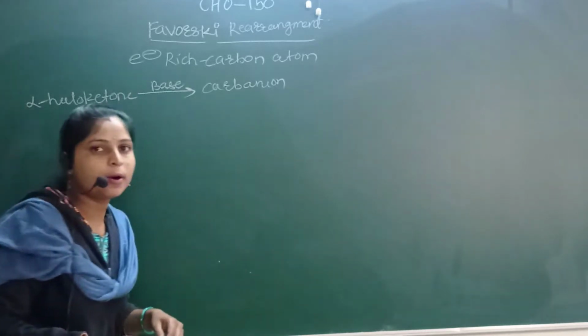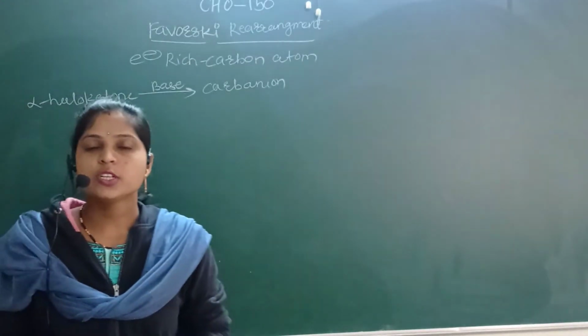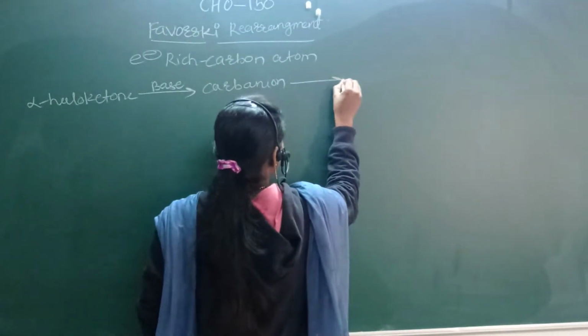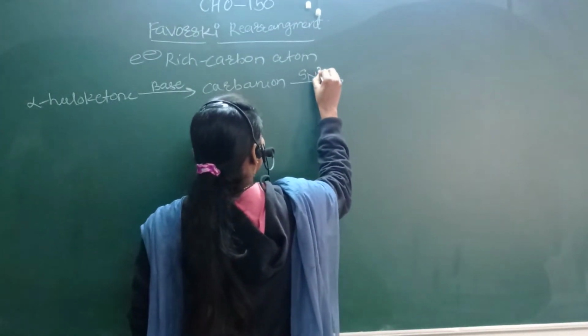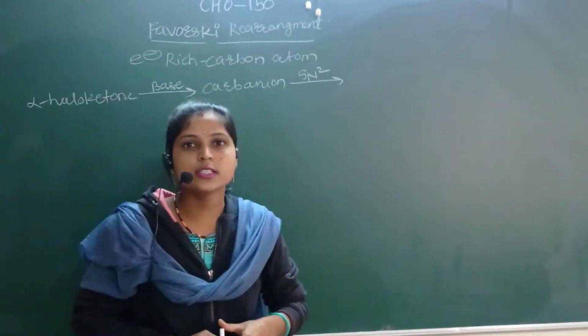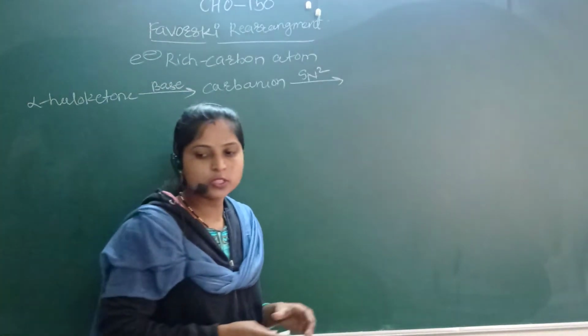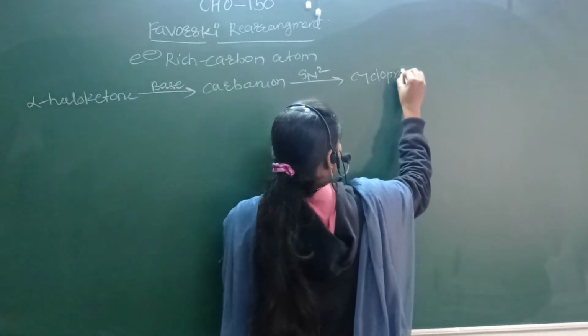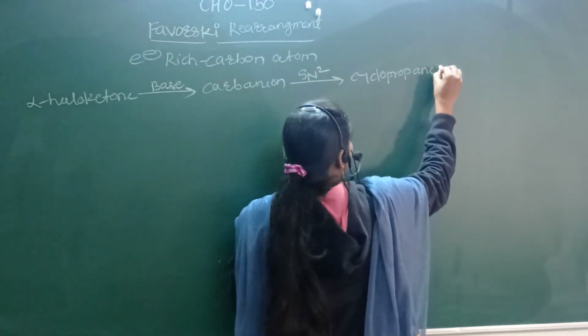on the starting compound. Then in the next step the reaction mechanism follows the SN2 pathway. So the carbanion reacts by the SN2 mechanism, then formation of the cyclopropane ring.